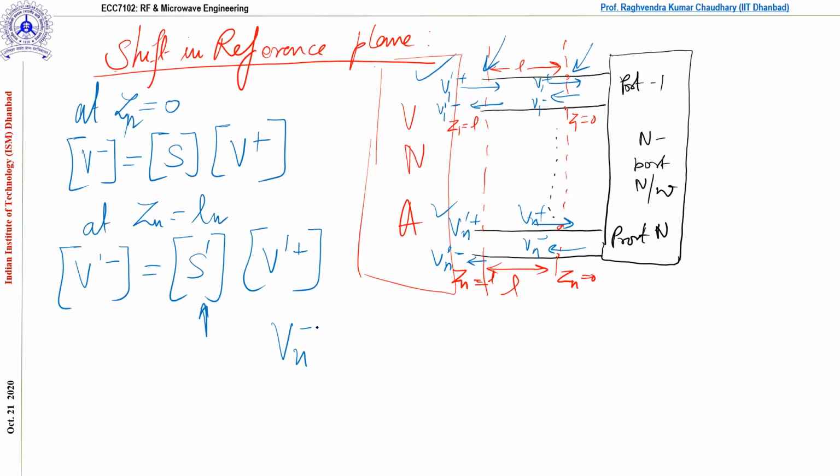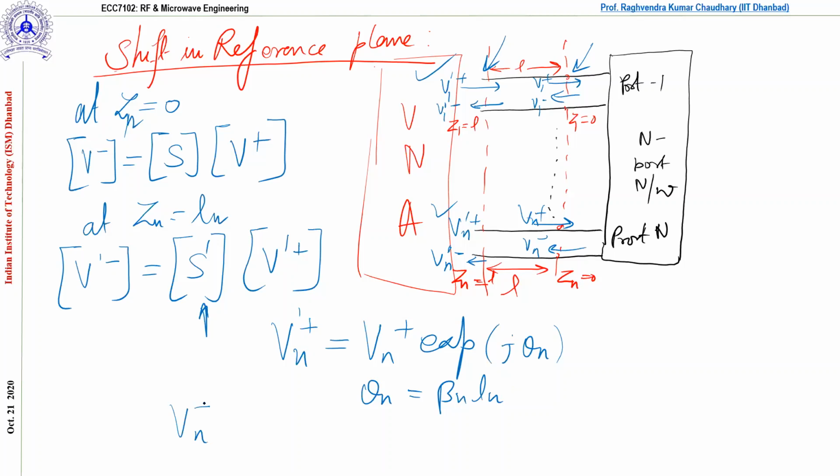The first is Vn dash plus, sorry, is equal to Vn plus exponential j theta n, where theta n is the electrical length. Theta n is equal to beta n ln. This is the electrical length. And in the same way, Vn minus dash is equal to Vn minus exponential minus j theta n, correct?